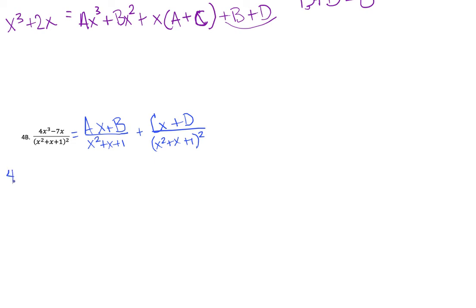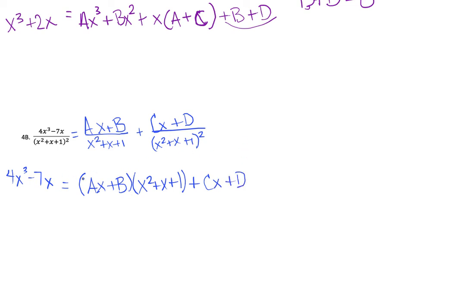I have a 4x cubed minus 7x. And I'm going to multiply my ax plus b. It's only missing one of these trinomials. So I'll write that out, ax plus b multiplied to x squared plus x plus 1. And then my cx plus d doesn't need to multiply to anything, so we'll just throw that on down there.